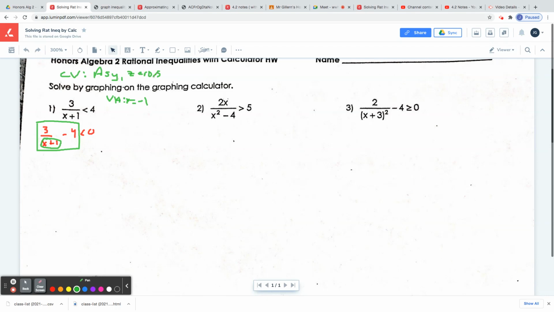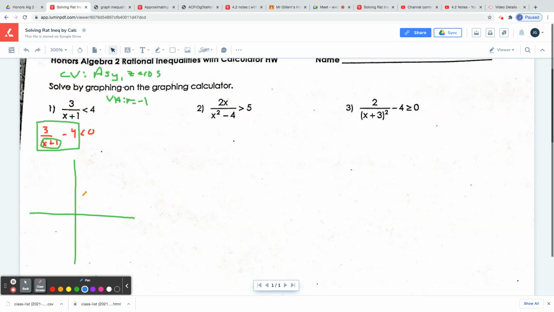If you set the top equal to 0, that means y is 0. That's the x-intercepts, the zeros. If you set the bottom equal to 0, that's the asymptotes. So looking at the graph, you need to know where the asymptotes are and where the zeros are, because that's where the critical values are, and that's what we're going to use in our intervals.